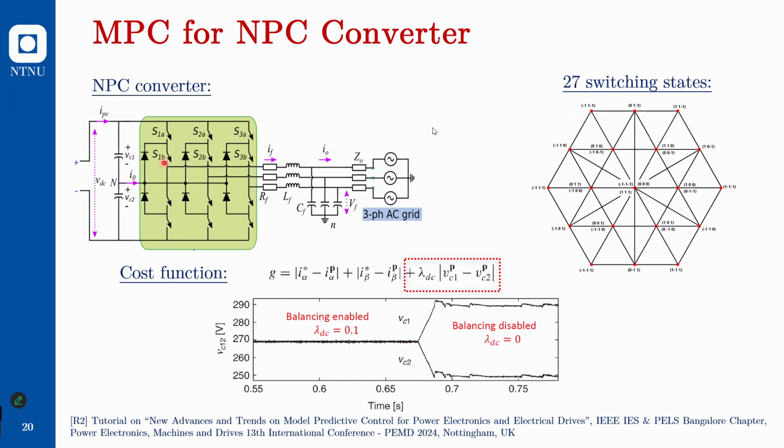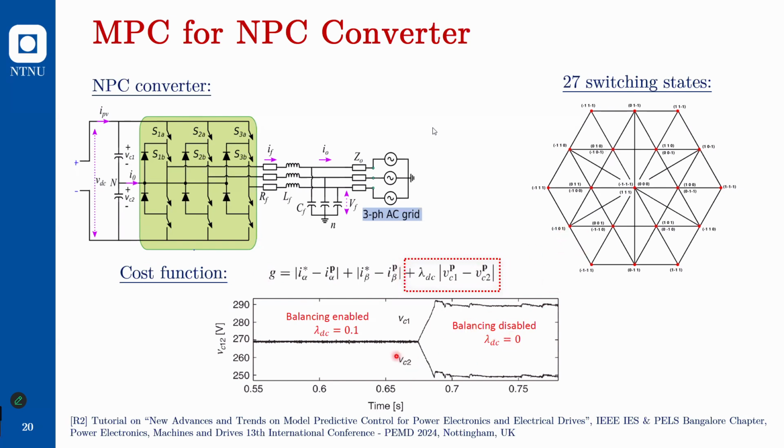If it is a linear controller, you just add 2 linear loops and make them interact. However, if it is MPC, you just have to add an additional objective to the earlier defined cost function. That's it. No more science behind it. Since an NPC converter has 27 switching states, you will solve the cost function for all the 27 switching states.